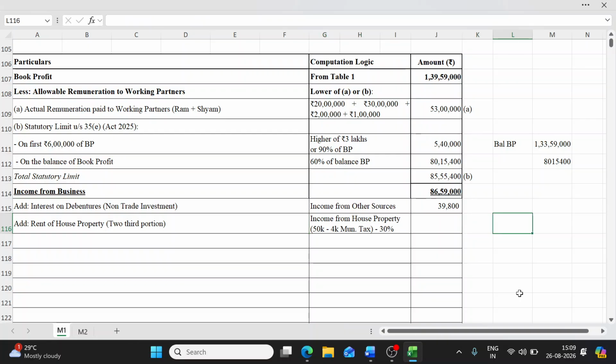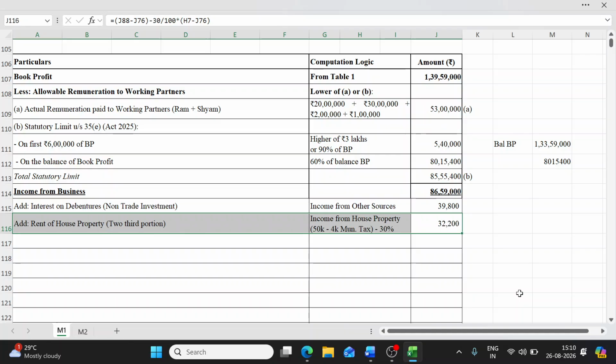On your calculator, first type 50,000, then press minus, then 4,000, then again minus, then 30 and then the percentage button. You will get the net taxable income under the head income from house property, that is 32,200.